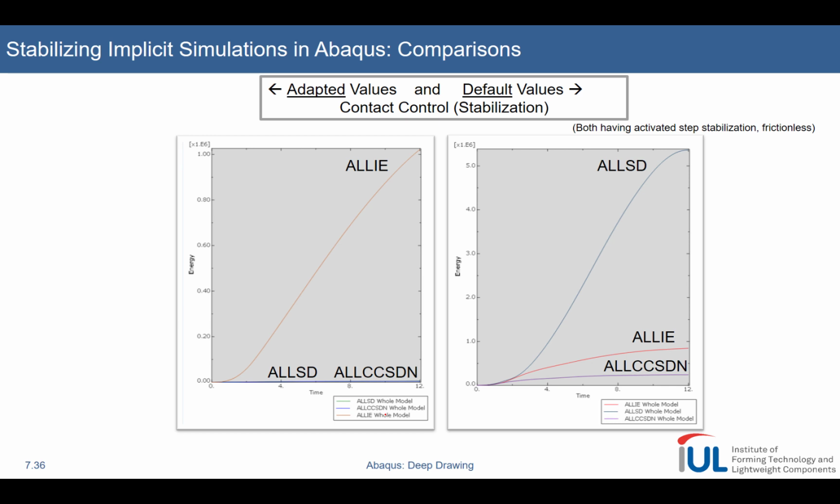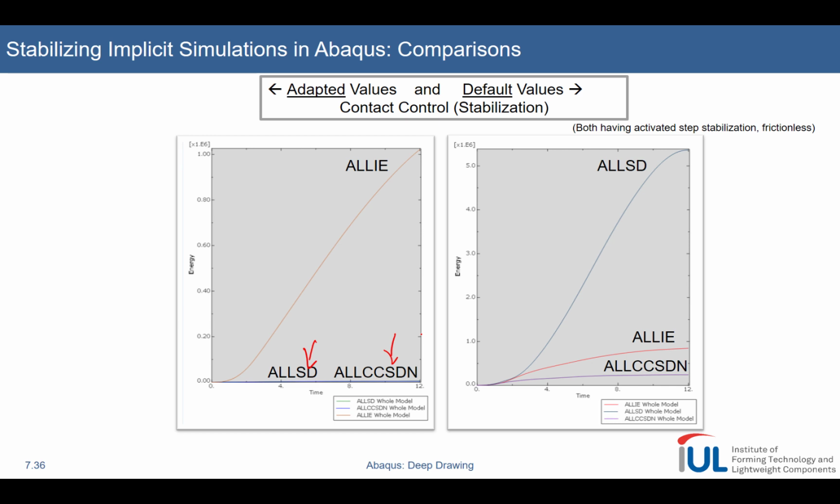On the left, you see the internal energy, looks about right. And then you see the viscous damping, the step stabilization related energy terms, and the contact stabilization related terms, and they're both well below any unphysical threshold, and you can clearly say, okay, the physical meaning of my simulation is unaffected.